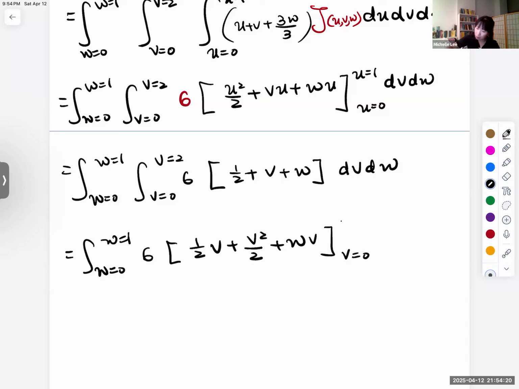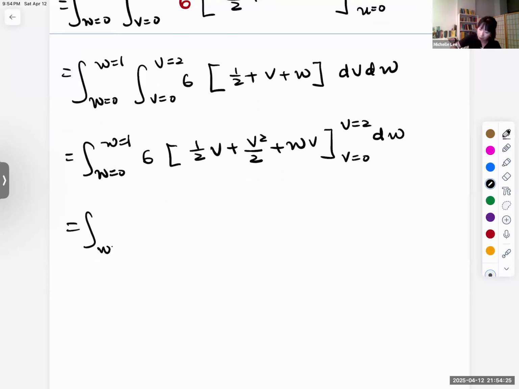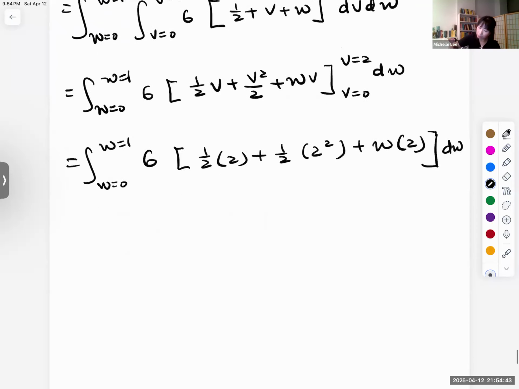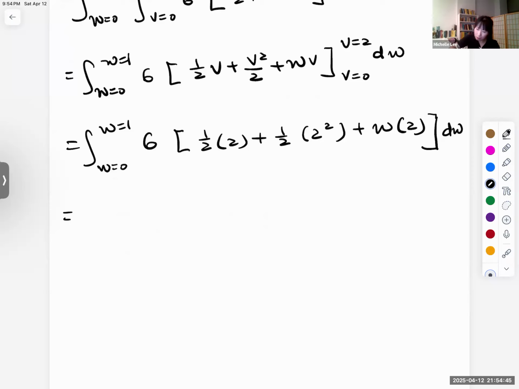Evaluate from v equal to 0 to 2. All right, so that will be 6 times 1/2 times 2, plus 1/2 times 2 squared, plus w times 2, w, yeah? Okay, now w equal to 0 to 1. So we have a 6. That's 1 plus 2, so 3 plus 2w, right?